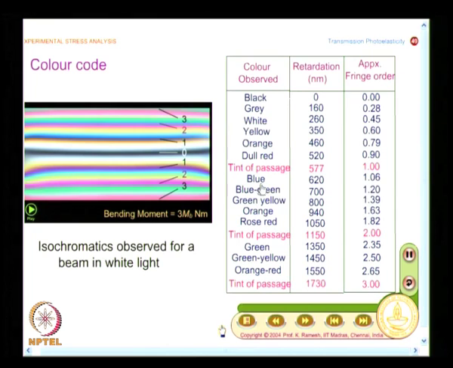The dull red to blue transition, a tint of passage, is labeled fringe order 1, and the corresponding retardation is about 577 nanometers. The second transition happens between rose red and green. This is your fringe order 2, and the retardation is closely double that of 577.